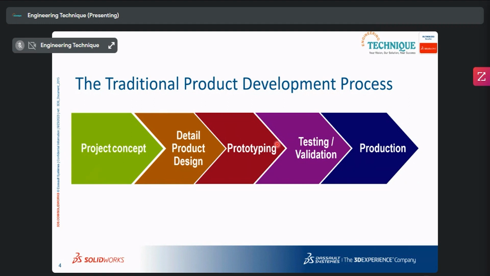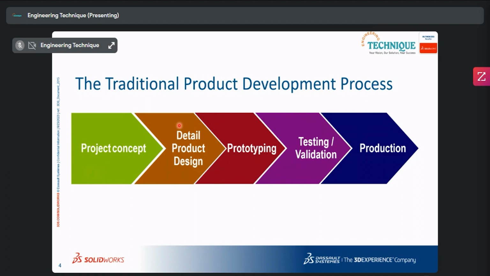A prototype is tested whether it fulfills the design criteria or not. Until the prototype fulfills the design criteria, it will not be forwarded to mass production. This is the major part that consumes time in the product development process. This is the traditional development process.